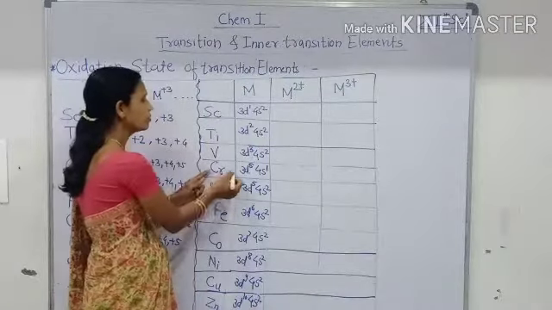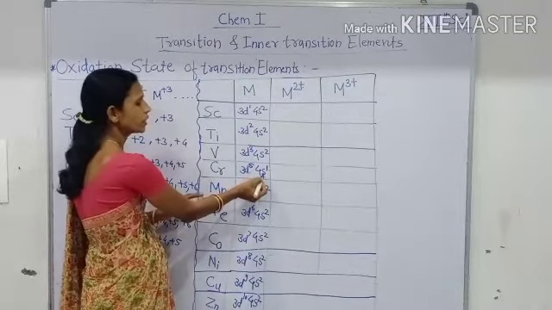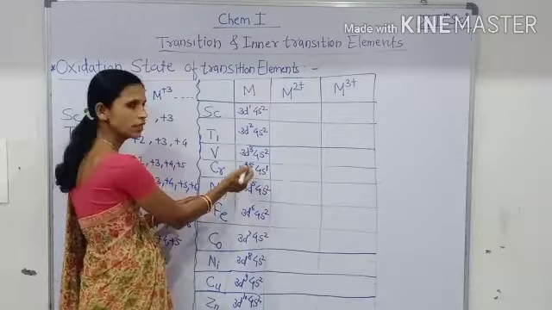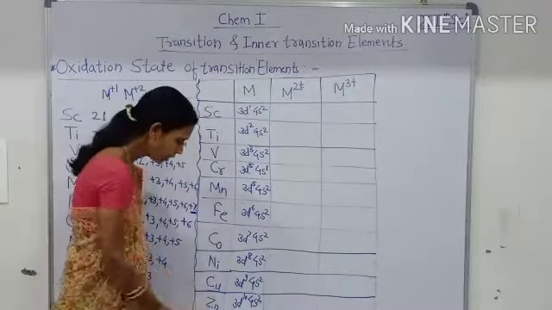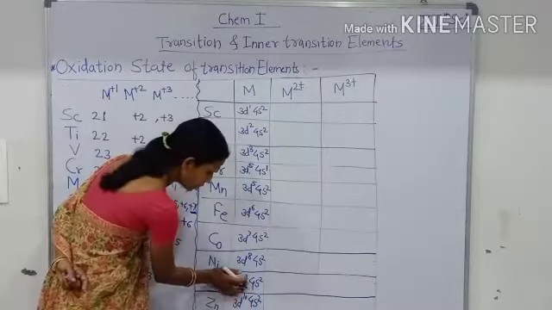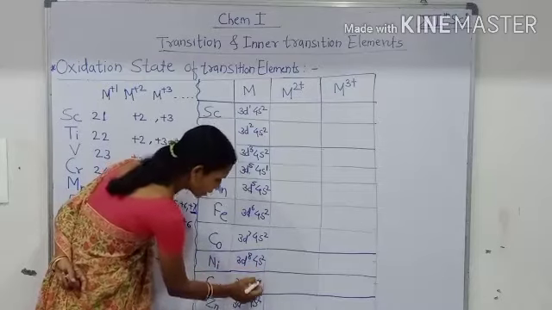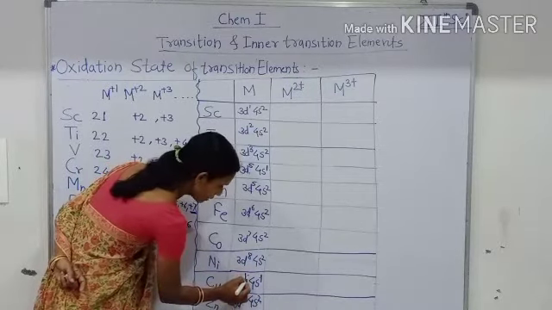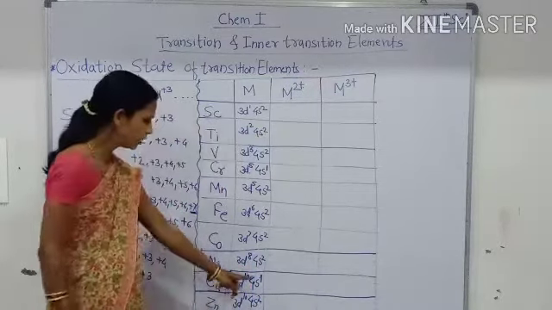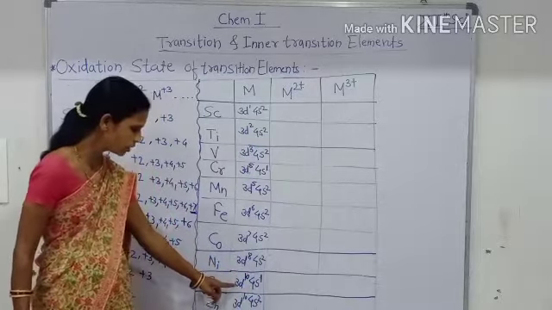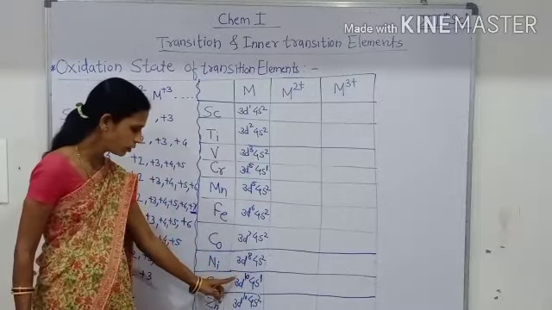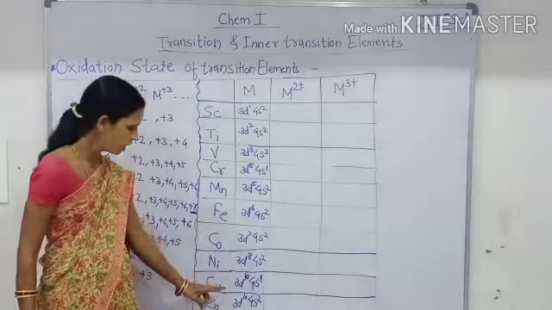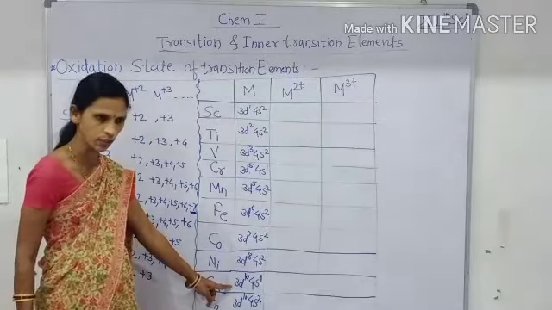Therefore, chromium shows the observed electronic configuration 4s1 and 3d5. Similarly, copper shows the observed electronic configuration 4s1 and 3d10. Here also one electron jumps to the 3d orbital, and the 3d orbital becomes completely filled and copper becomes more stable.